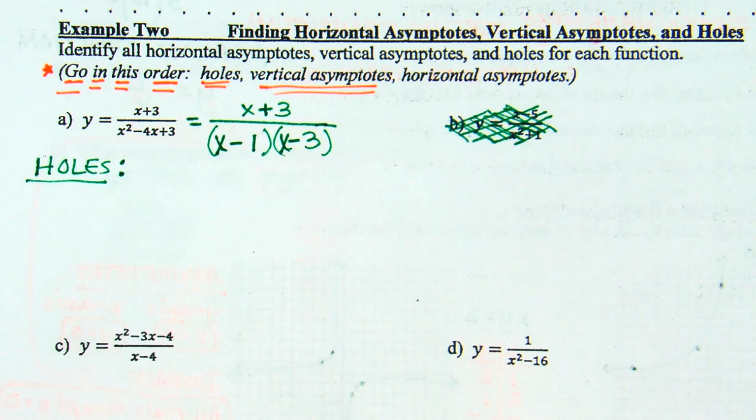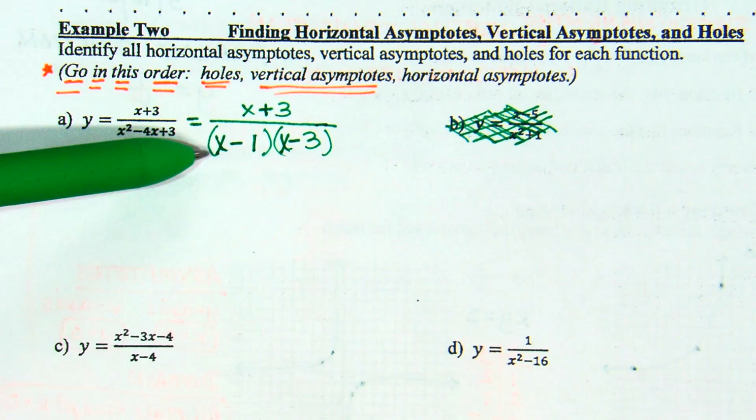In the denominator, I have an x minus 1. Do I have an x minus 1 on top? No. In the denominator, I have an x minus 3. Do I have an x minus 3 on top? No. On top, I have an x plus 3. Is there an x plus 3 on bottom? So can anything cancel? Nothing can cancel, so guess what? No holes. None.